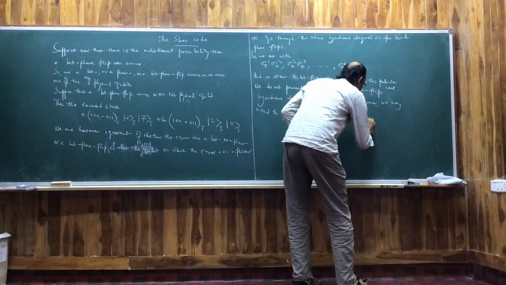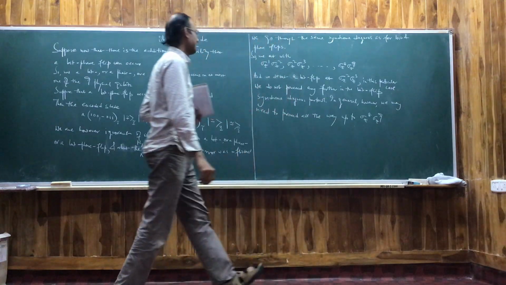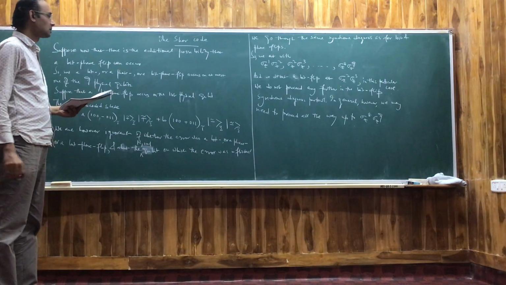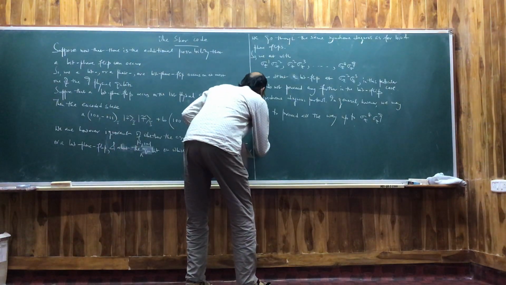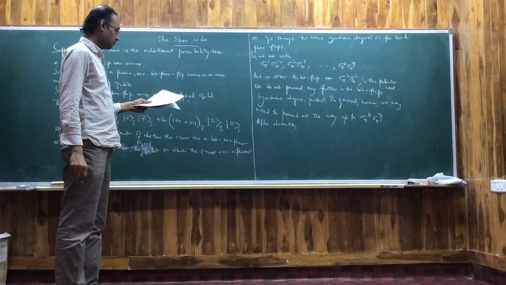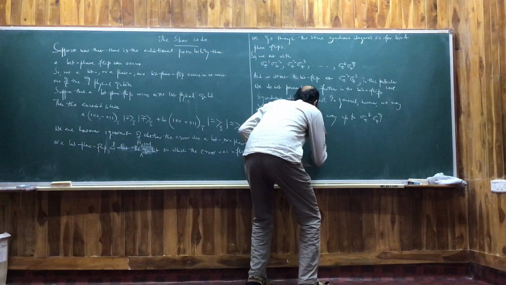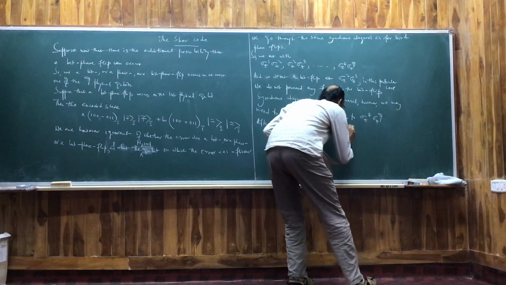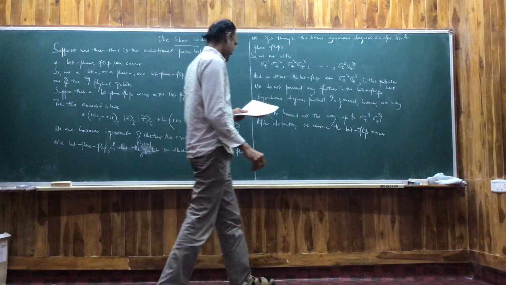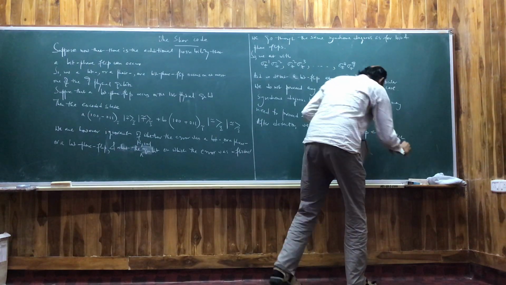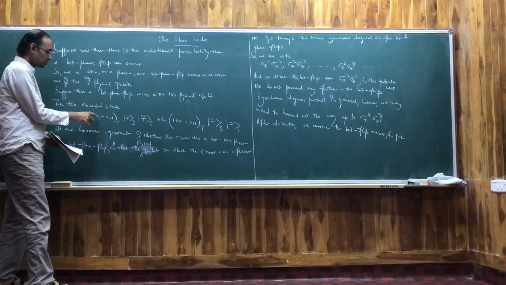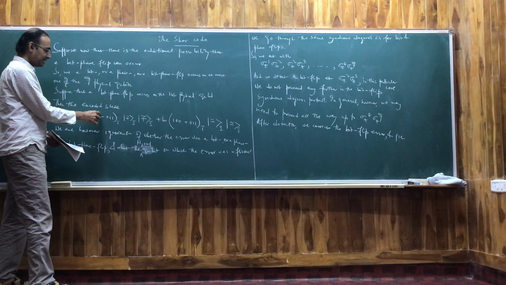Up to this. After the detection, we correct the bit flip error, and get this thing with this 1 and 0 interchanged, which is just the minus tilde, yes?